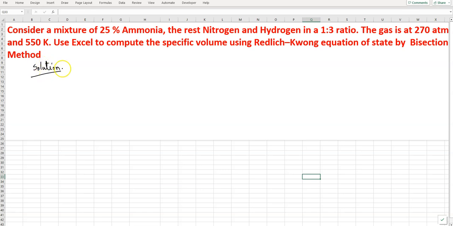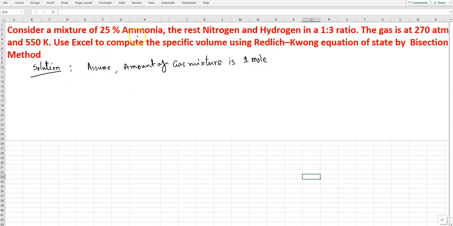Solution. So first, assume the amount of gas mixture is 1 mole. Now how much ammonia is there?